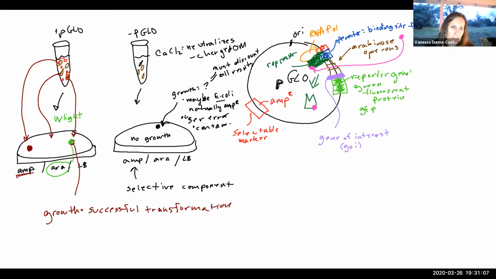So glowing under UV light indicates successful gene expression of your gene of interest. Of course, we don't have that, so we're just looking for that reporter gene.